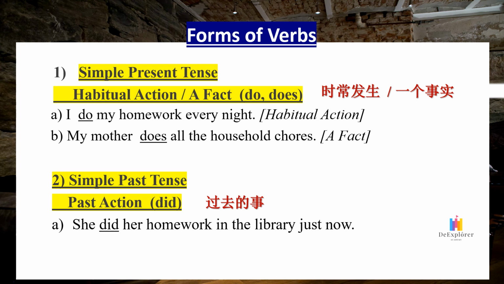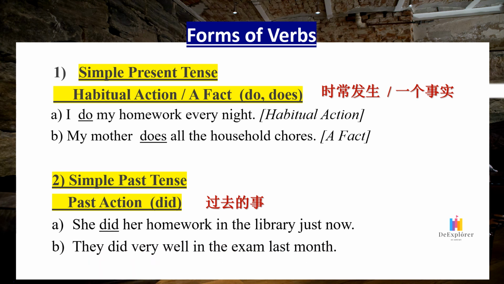And one more. B. They did very well in the exam last month. See, last month, 上个月也是过去的事了. So, you need a past tense verb. They did very well. They did very well in the exam.